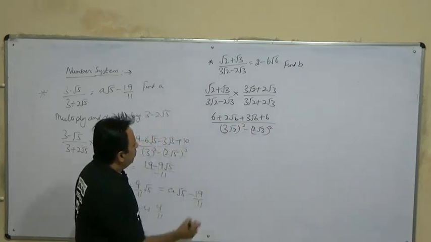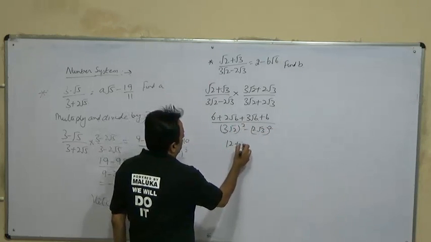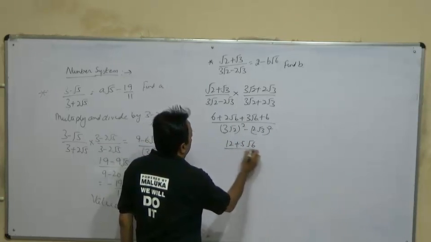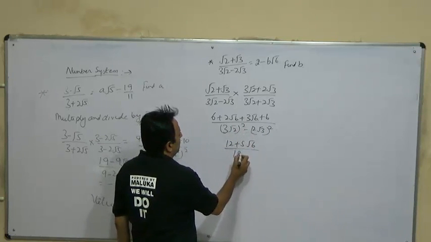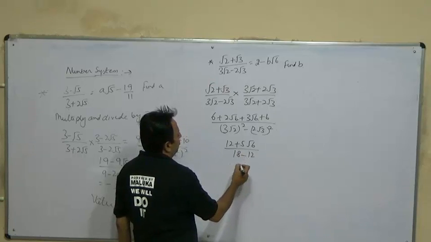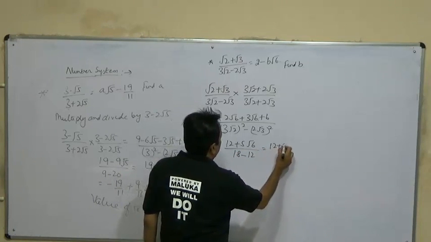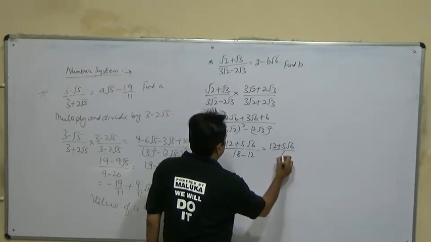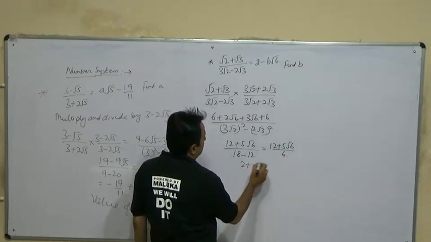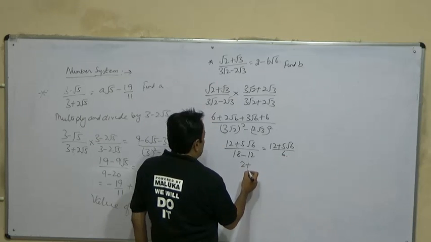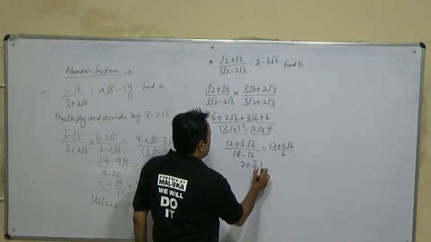Now this comes out to be 12 plus 5√6 upon 9 2s are 18, 4 3s are 12. So this will be 12 plus 5√6 upon 6. So this will be 2 plus 5 upon 6 √6.